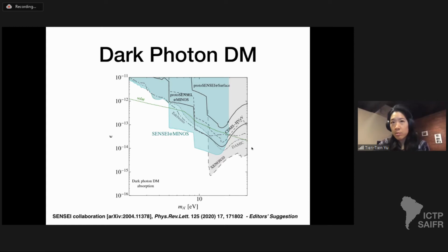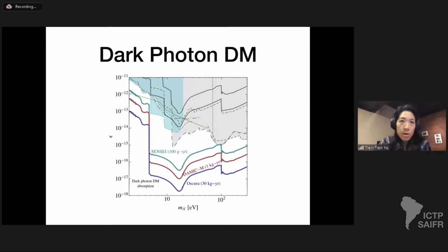And all the other experiments that look for electrons can probe this region as well. And so this is another category of dark matter candidates that these future silicon skipper CCD experiments can probe. And so if you increase the exposure, of course, you increase your sensitivity.